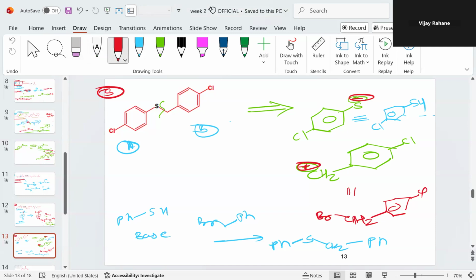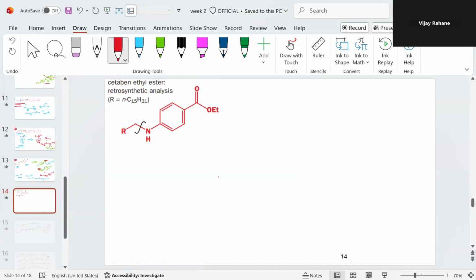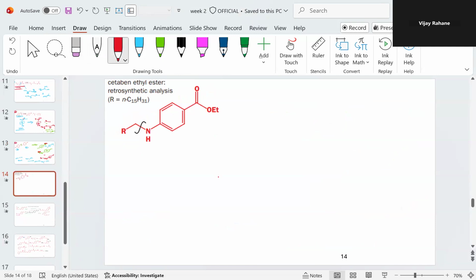Okay, I will take some more examples now, in a similar manner. Let's say this is the citabine ethyl ester, and if you want to do the retrosynthesis, I have already shown where we can do it. So this is the possible retrosynthesis on this bond. So we have the R CH2, and right now, instead of the synthon, I will directly write down the synthetic equivalent of that species.